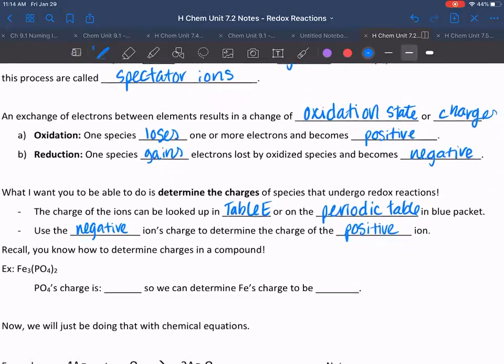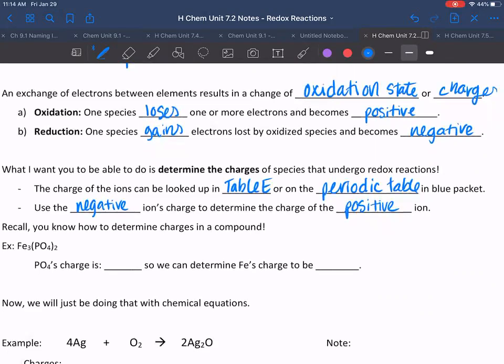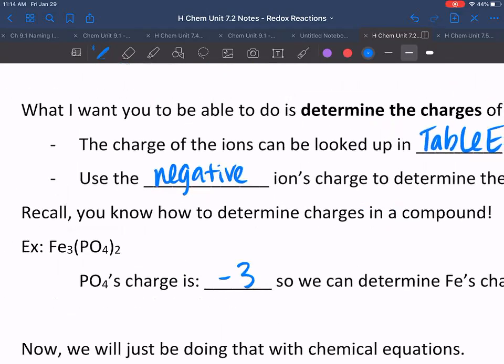Again, you already kind of know how to do this, so it's pretty much review. We can look up in table E that the phosphate charge is -3. If phosphate is -3, what does that mean iron has to be in Fe3(PO4)2? What? Nope.